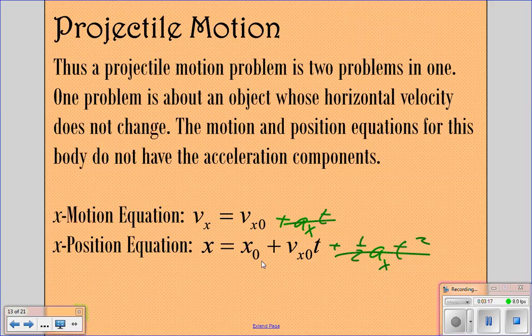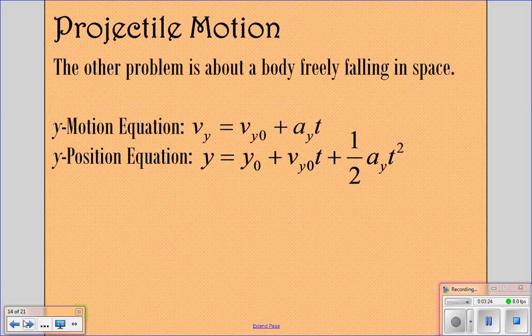So that is the problem where the horizontal velocity doesn't change. The other one is a body falling freely in space. For your y motion and position equations, you have, just like you normally did, velocity equals initial velocity plus acceleration times time, and position equals the initial position plus the velocity times time, plus 1/2 acceleration times time squared.